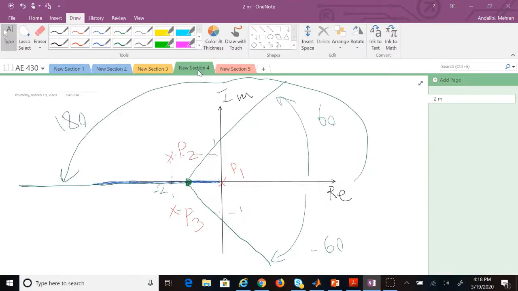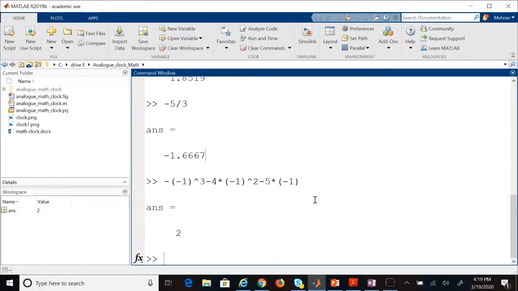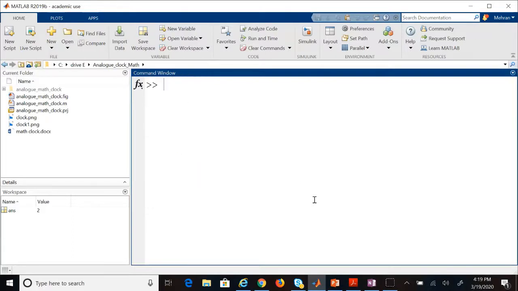And now if I go back here, is that the case? If we plot and look at this root locus in MATLAB, let me first show you the final result.